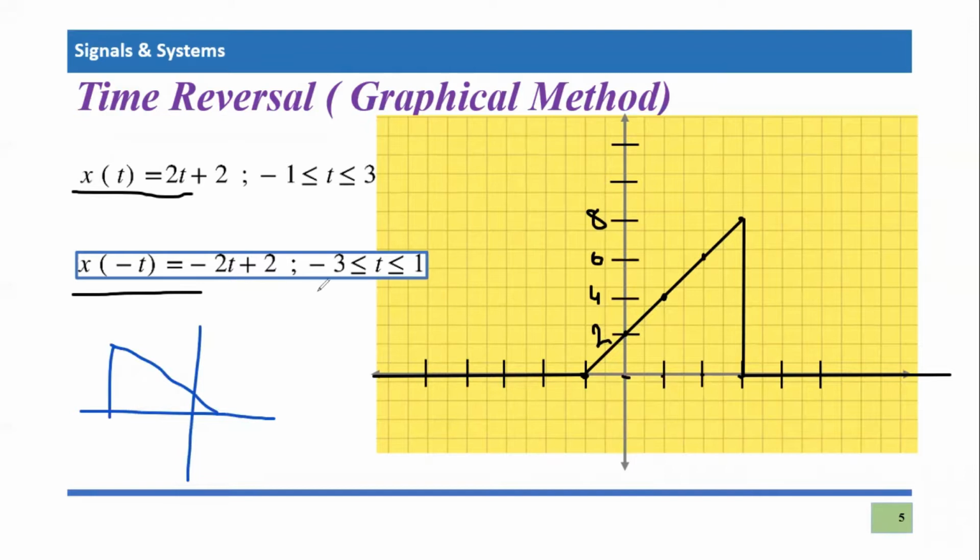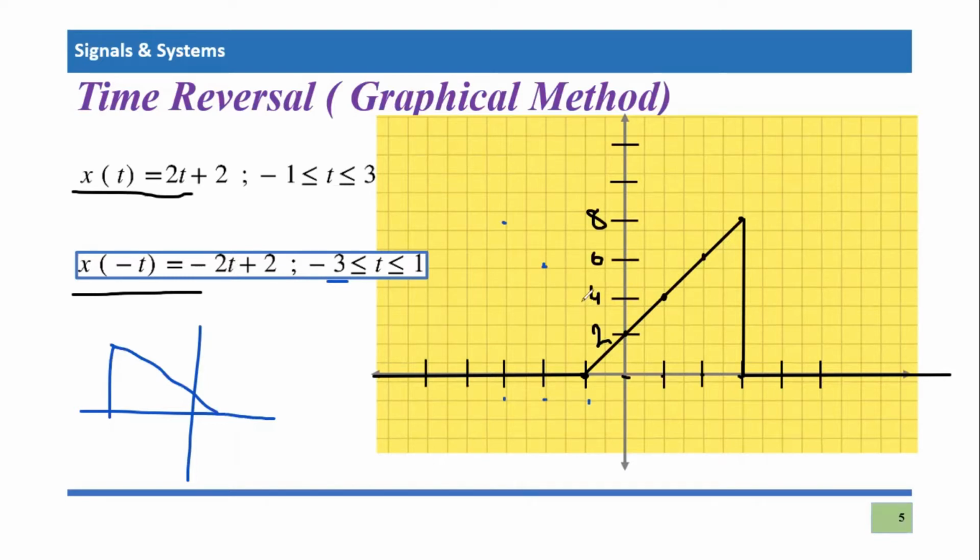So the values will start from -3. This is -1, this is -2, and this is -3. So at -3, -3 into -3 would become 6, plus 2, 8. So at -3, the signal's value will be somewhere here. Similarly, at -2, its value would be 4 plus 2, 6. At -1, the signal value will be 2 plus 2, 4.